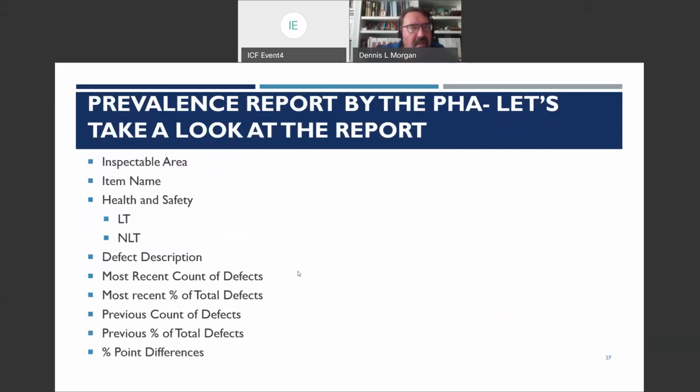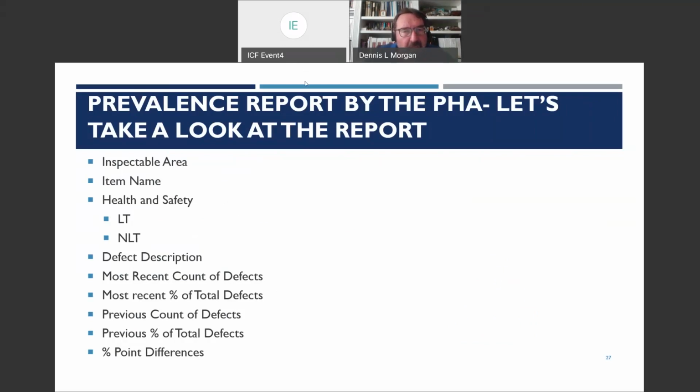This prevalence report is available, and if you haven't seen it, you can get it from your field office. It's also available to the housing agency through REAC, so you can see how your PHA is doing on the inspection protocol, and whether you have systematic or systemic deficiencies that keep repeating themselves over and over again.